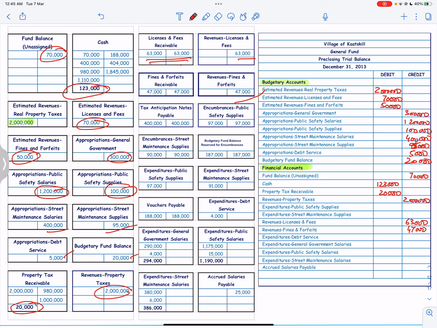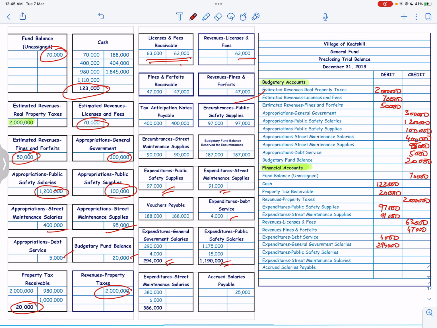Then we have expenditure public safety supplies. Expenditure public safety supplies is 97,000. Then we have maintenance supplies 91,000. Then we have expenditure debt service 4,000. Then we have expenditures general government salaries 294,000.